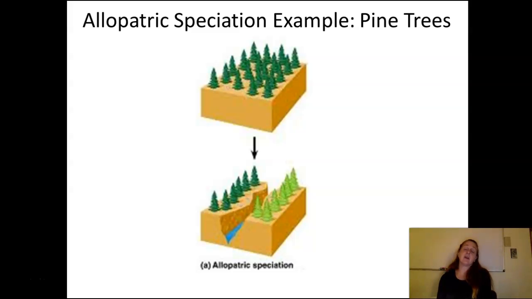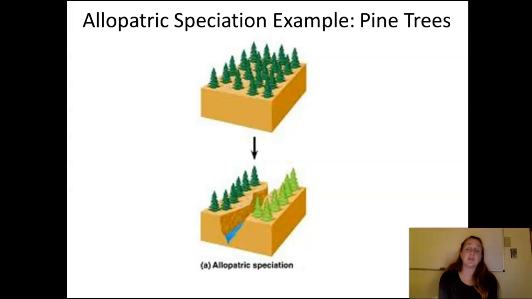Our first type of speciation is allopatric speciation. With allopatric speciation, we've got a geographic barrier that's separating two populations. Because these populations are separated, they start experiencing different things. Those external pressures in the environment start to select for different genes, and so over time, over multiple generations, we see dramatic differences.